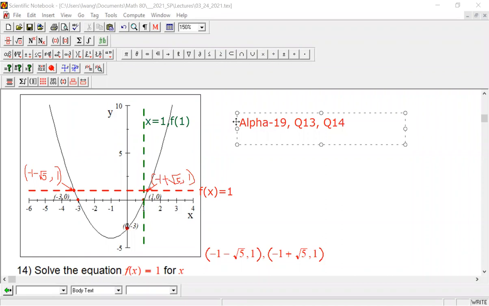Are you ready? And then we're going to go on to 15 and 16.